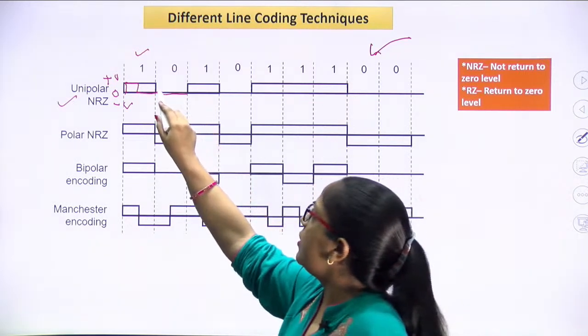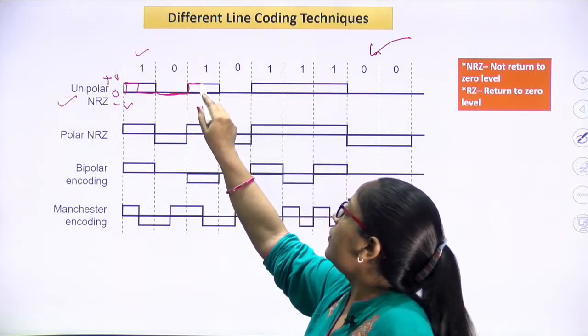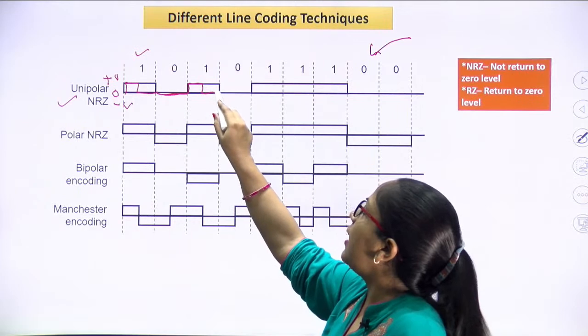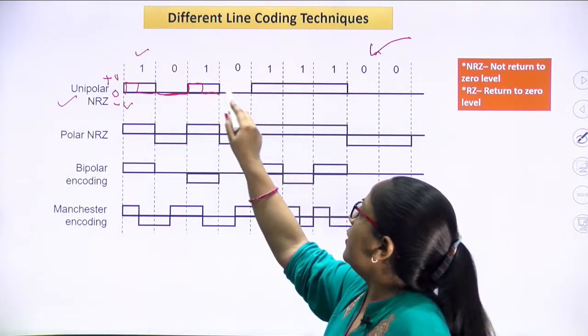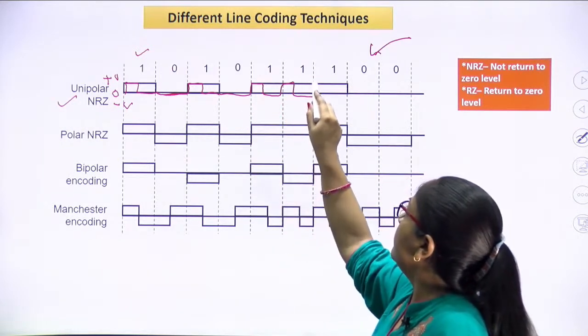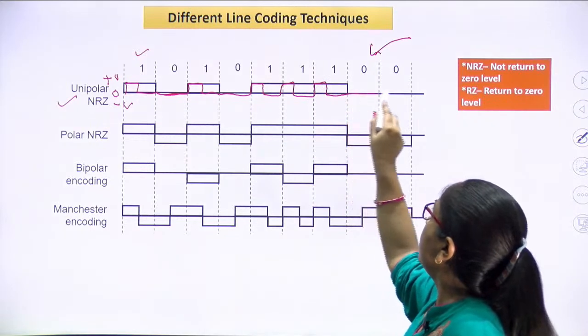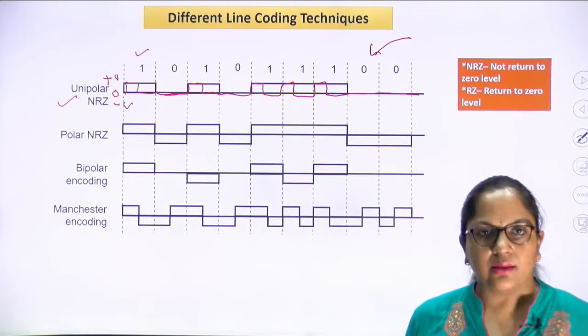Again, no signal for 0. Wherever there is signal or polarity, for half of the duration it will remain high, and for the other half it will return to 0. So in this way we can represent the return to 0 line coding, the digital signal of the digital data.